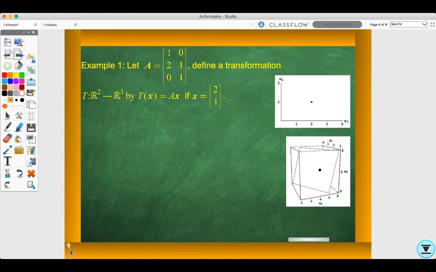So let's look at example 1. Let A be 1, 2, 0, 0, 1, 1. Define a transformation from R2 to R3 by T(X) equals AX, if X is 2, 1. Okay, so we have T(X) equaling AX.